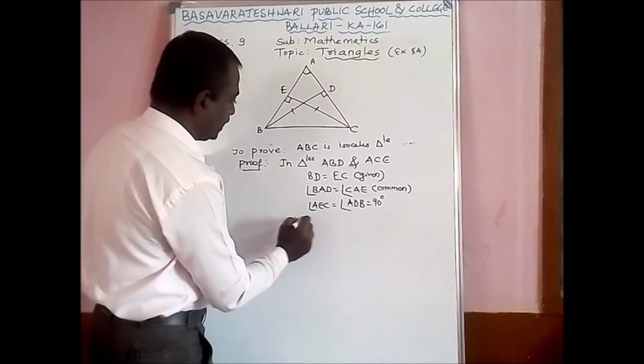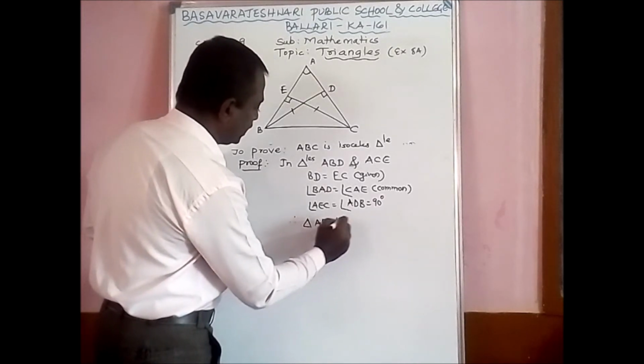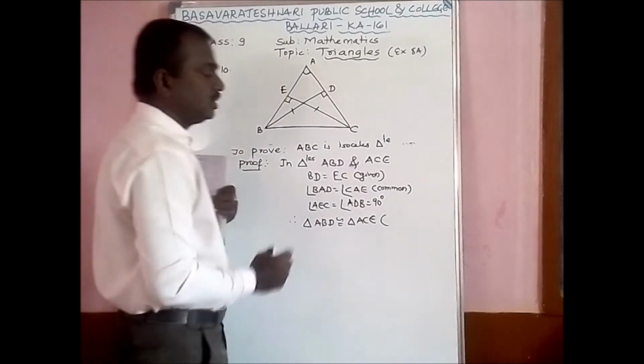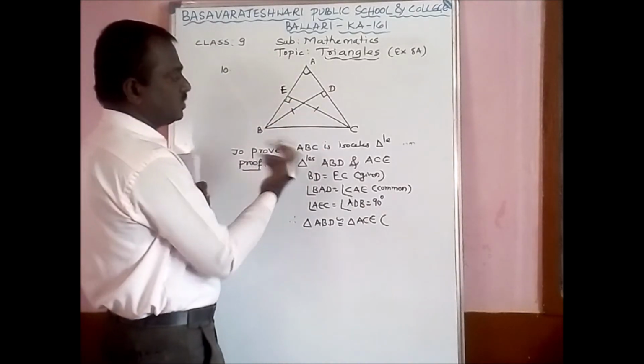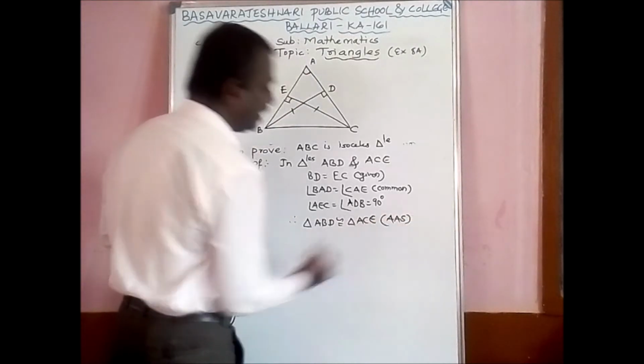So therefore we can say triangle ABD is congruent to triangle ACE. On what basis? Two angles, one side. So therefore AAS criteria.